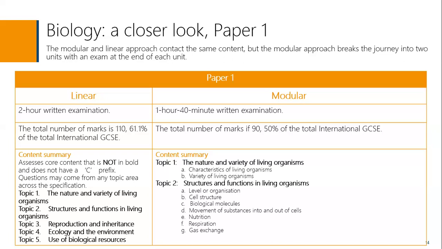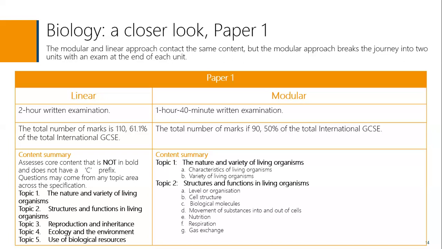The examinations on both routes contain a mixture of different question styles, including multiple choice questions, short answer questions, calculations, and extended open response questions. So there's no difference in the type of questions in the 2 papers, just the content.